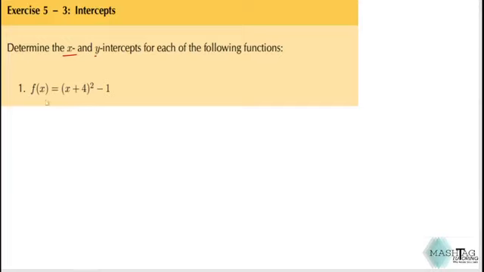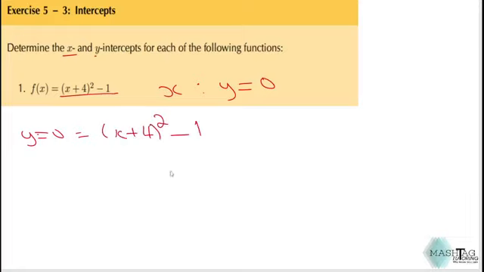So let's start with the x-intercept. Remember again, if you're going to do the x-intercept, make your y 0. So we'll say y equals 0 equals (x plus 4) squared minus 1.